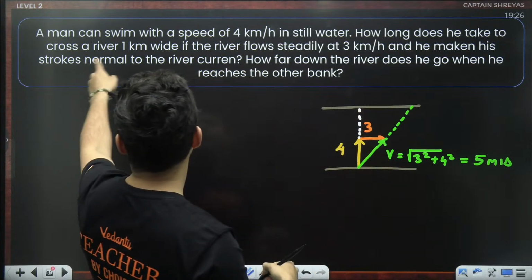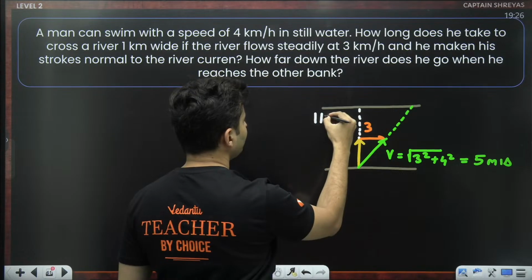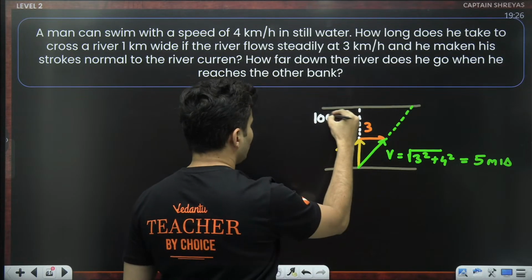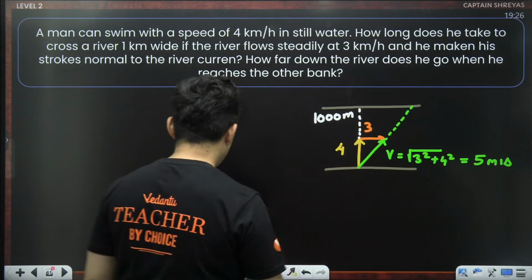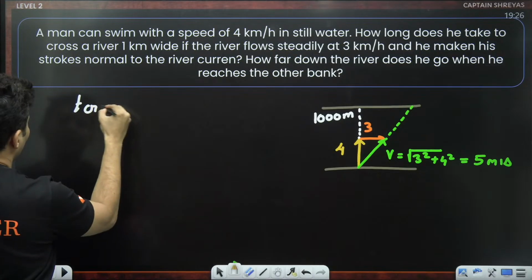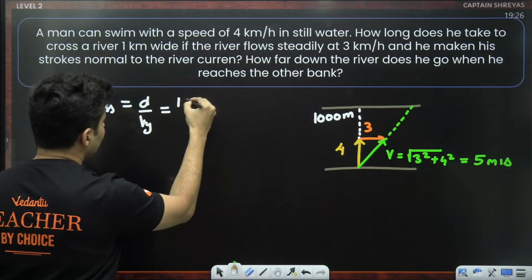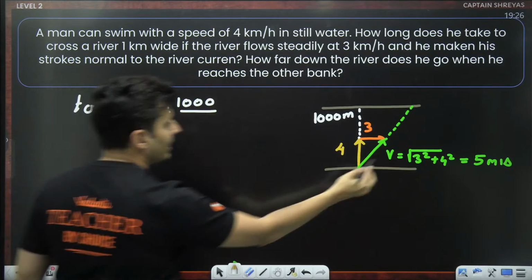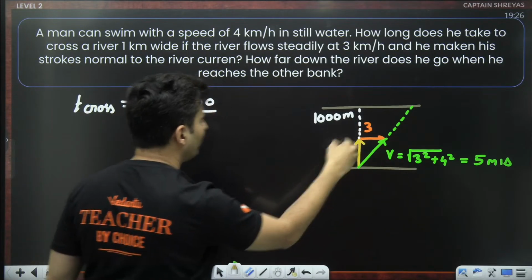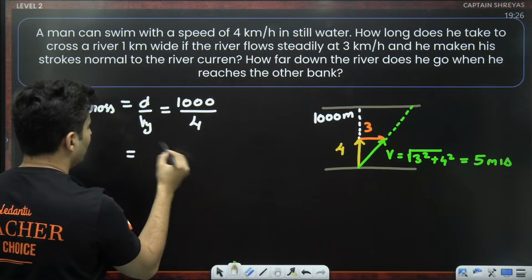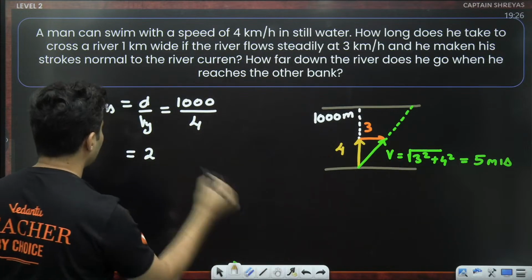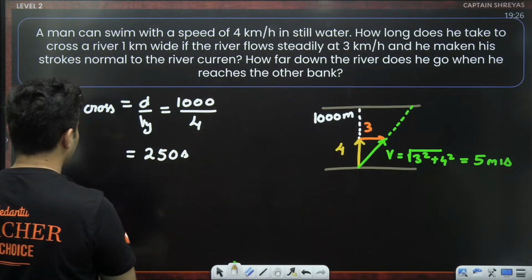And the width of the river is 1 kilometer, basically 1000 meters. Now, if you want to find the time taken to cross, which is distance by Vy, distance is 1000. Vertical component of the velocity is 4. So answer is basically 250 seconds.